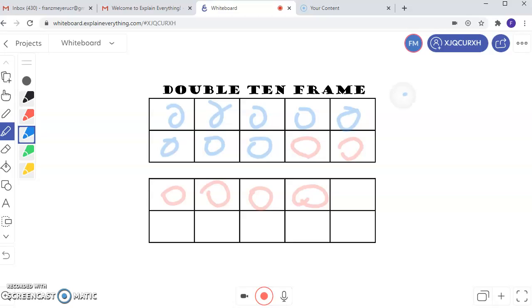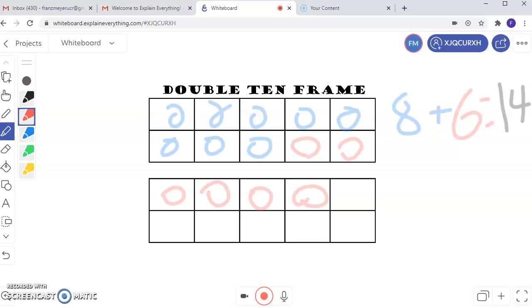Let's start by circles. We've got 8 blue circles plus 6 red circles. And everybody, what does that equal? That equals 14, right? Very good. Now, if we wanted to use our commutative property of addition that we just learned, what would we do?